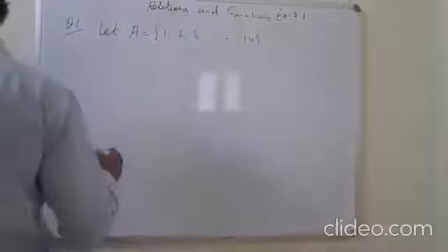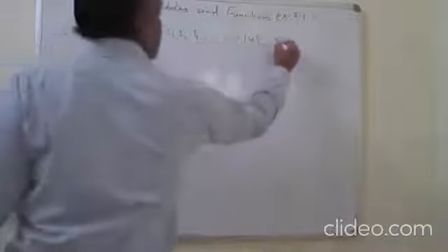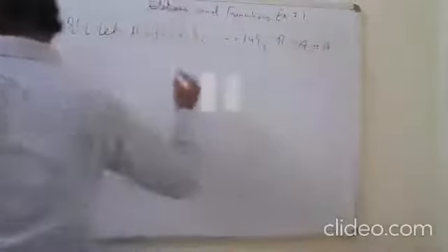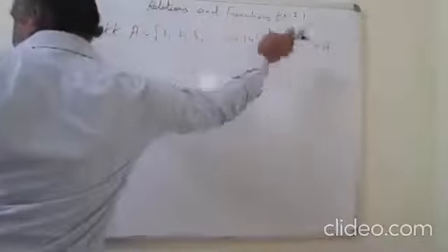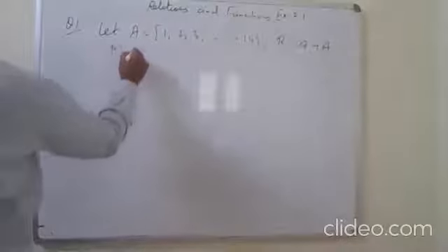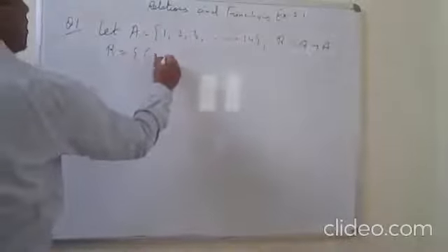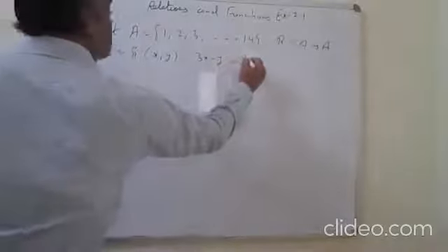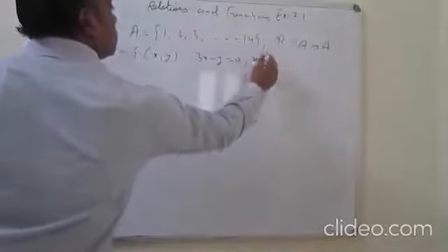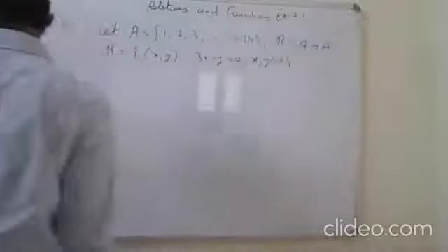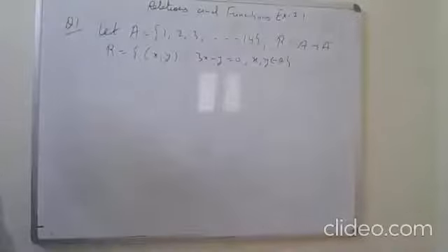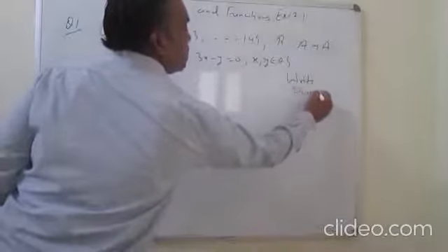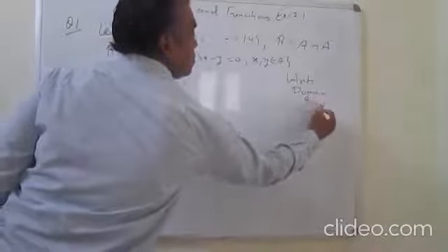Define a relation R from A to A. Set A is A, set B is also A. R is equal to {(x, y) such that 3x minus y is equal to 0, where x, y belongs to A}. Write domain, range, codomain.